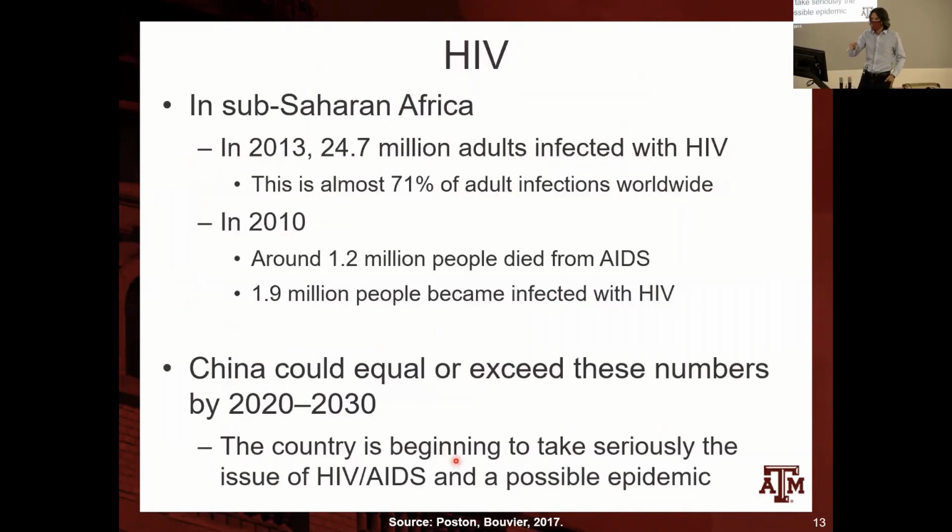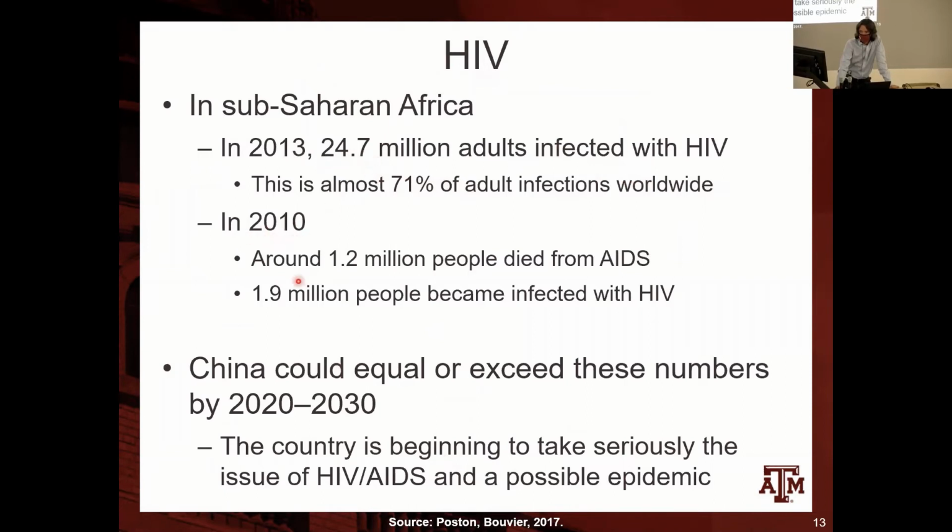And going specifically to HIV, in sub-Saharan Africa in 2013, there were around 25 million adults infected with HIV. This is almost 71% of adult infections in the whole world. So 71% were in sub-Saharan Africa.